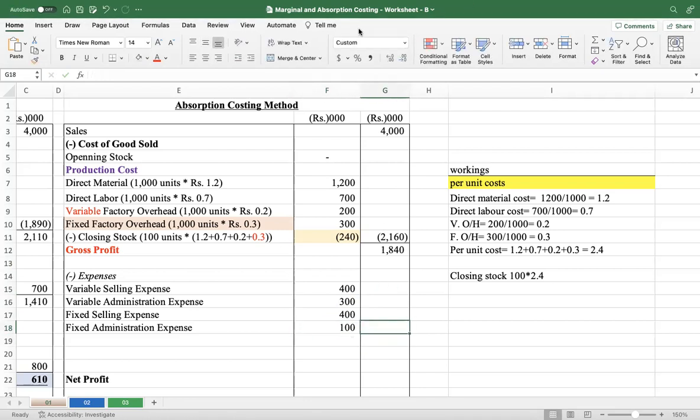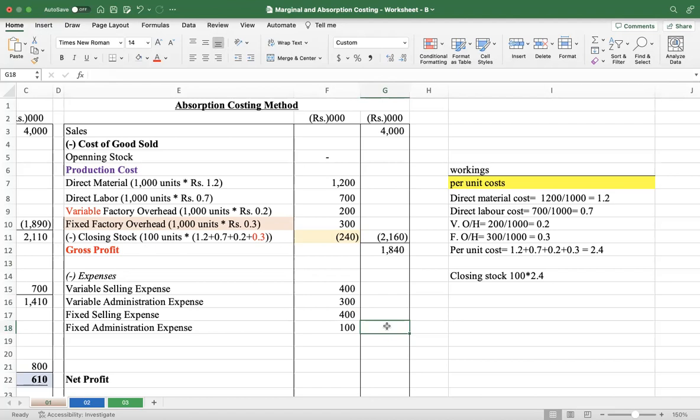Take the summation here of the other expenses, non-production expenses. What is the value?